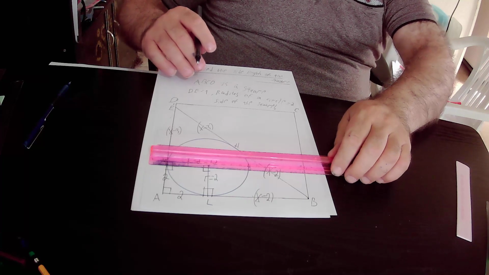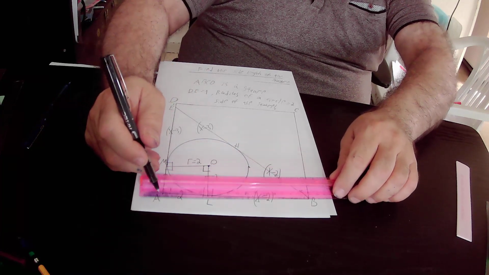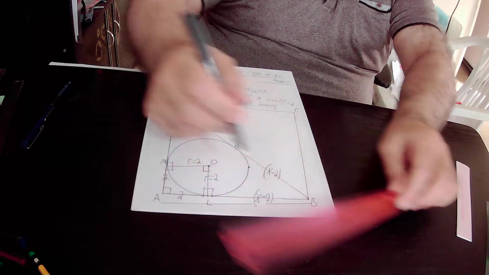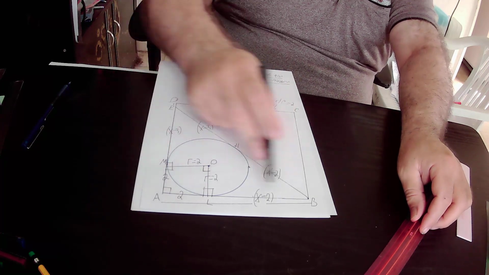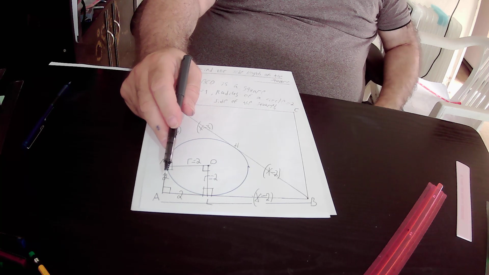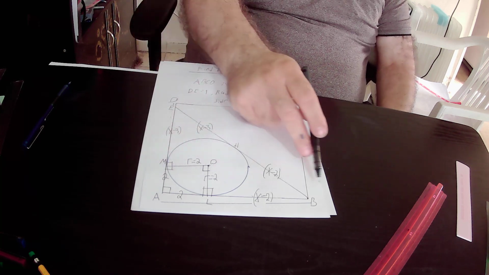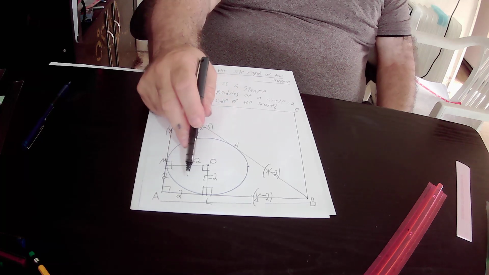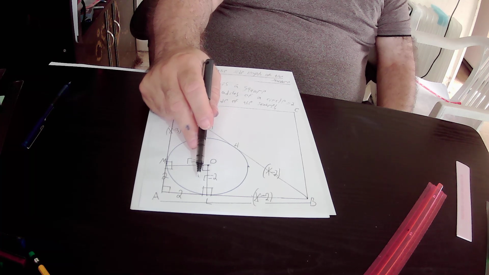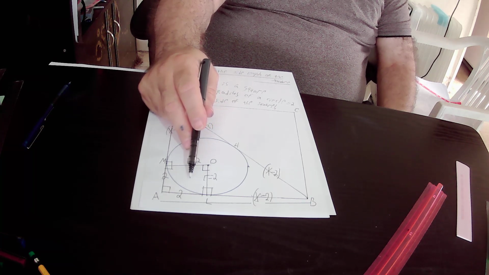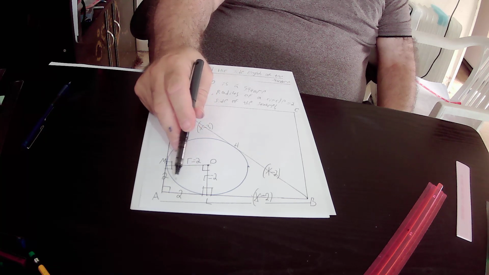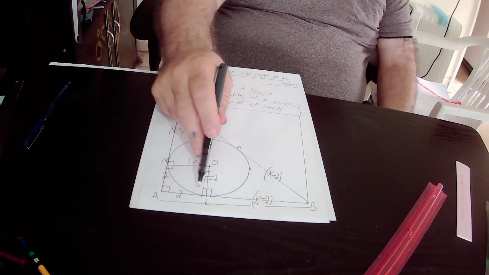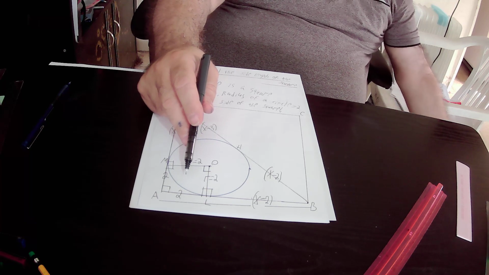AB equals x. Side AB equals x according to our definition. And AL, that is shorter than x, equals 2 units. So AB is greater than AL, that is to say AB is greater than 2 units.